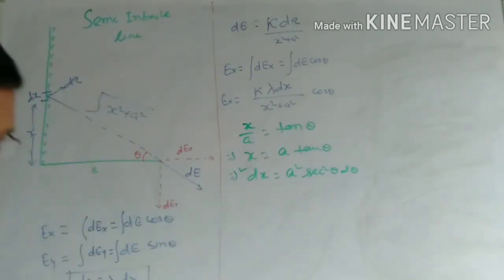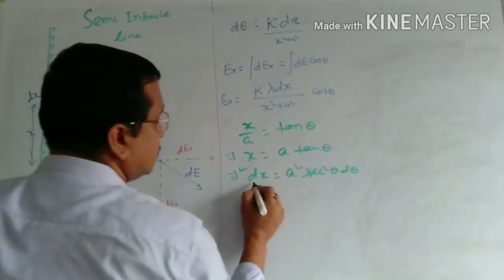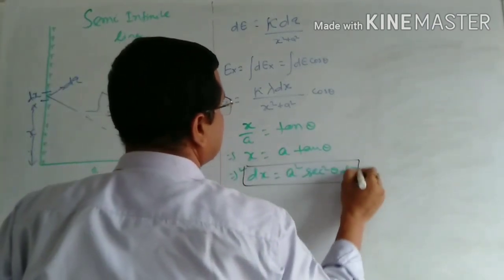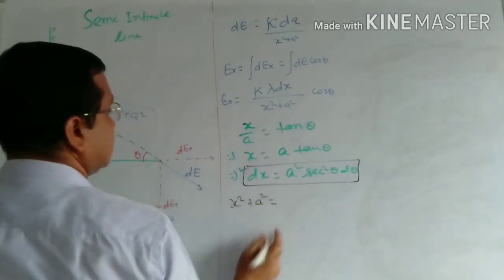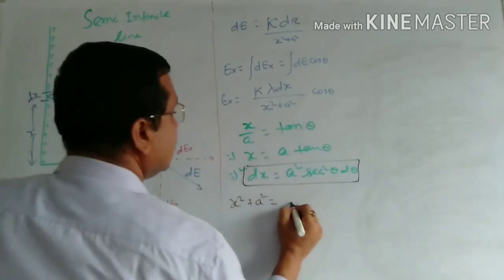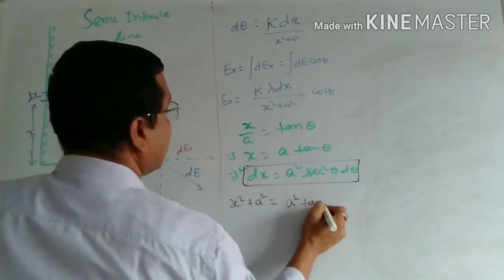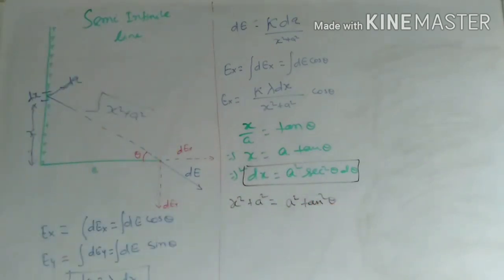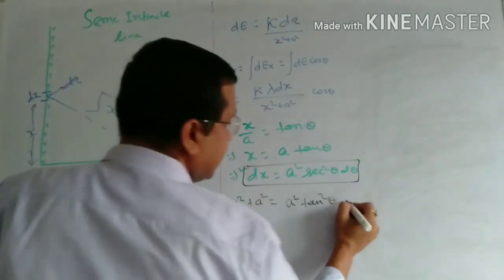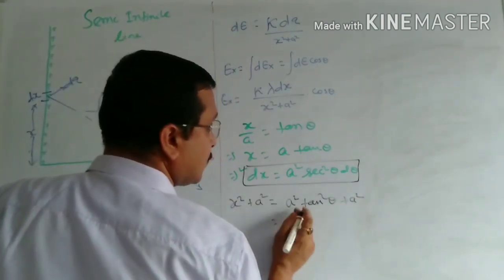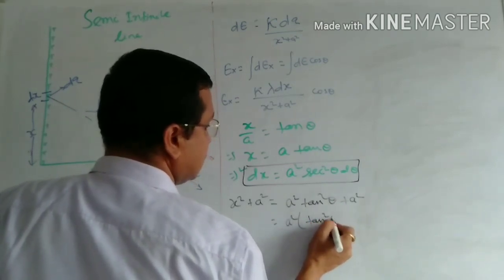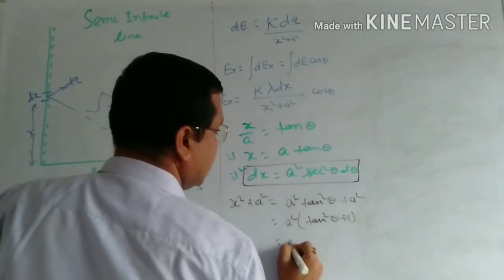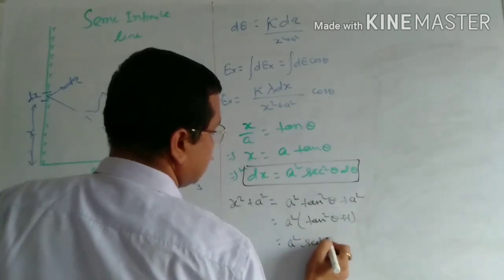Now what is the value of x square plus a square? This is the expression for dx. X square plus a square means, with x equal to a tan theta, a square tan square theta plus a square. So a square common, tan square theta plus 1, that is a square sec square theta.